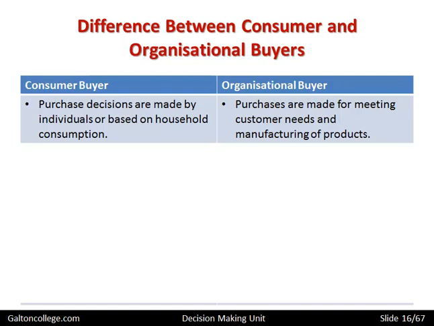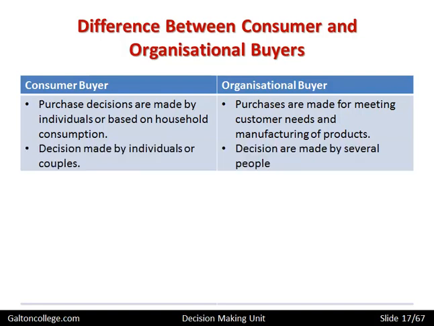Purchases are made in order to facilitate production. So it's a completely different situation from the individuals. For the consumer, decisions are made by individuals or couples. And in organizations, they may be made by several people, perhaps a small committee, as I said earlier.